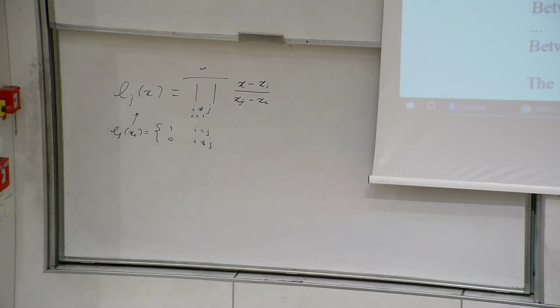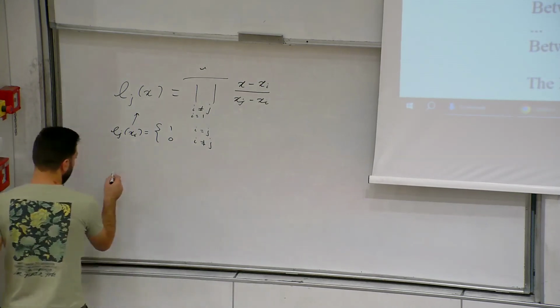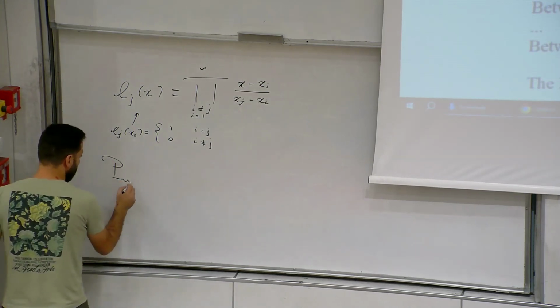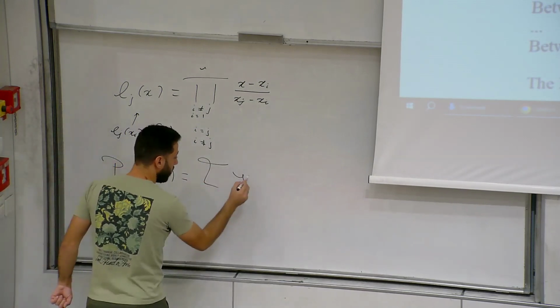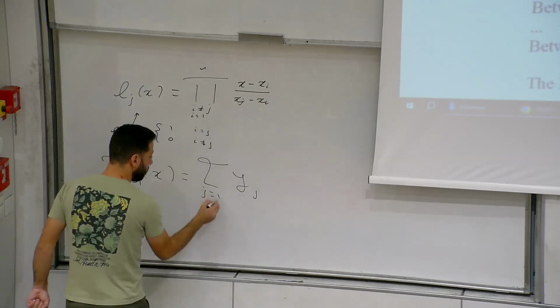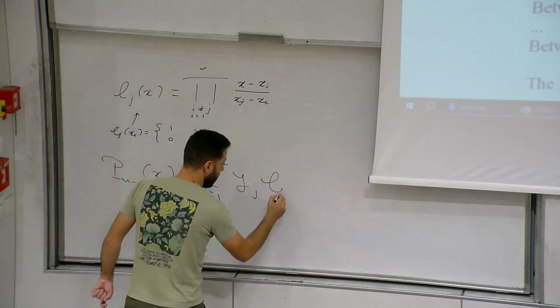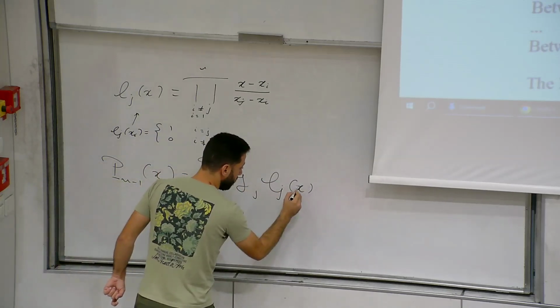So what is the polynomial that equals y1 for x1, y2 for x2, y3 for x3? What is it? Exactly. So the polynomial is the sum of the yj's, j goes from 1 to n, times Lj of x.